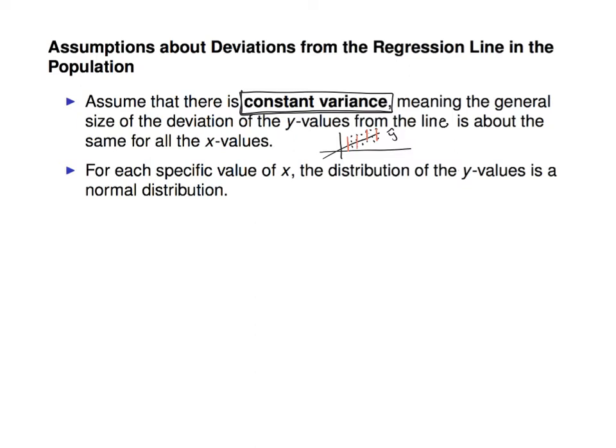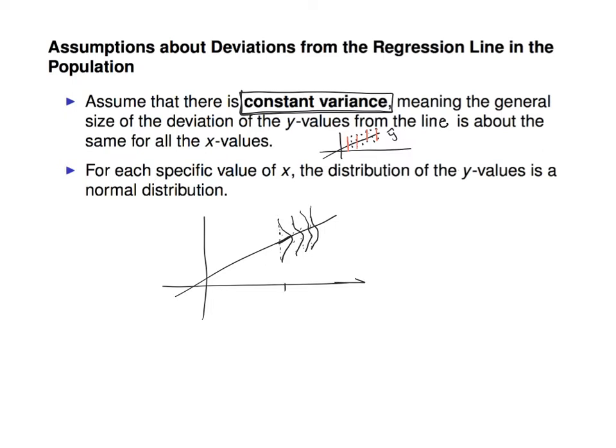And then you also assume that for each specific value of x, the distribution of the y values is normal. So once again, you have your regression line and you have this spread around it. And what you kind of assume is that for each of those, there's going to be this sort of normal curve there around the line. So, sorry, bad normal drawing. But that most of the people are going to fall close to the line, and then some of them will fall far away.